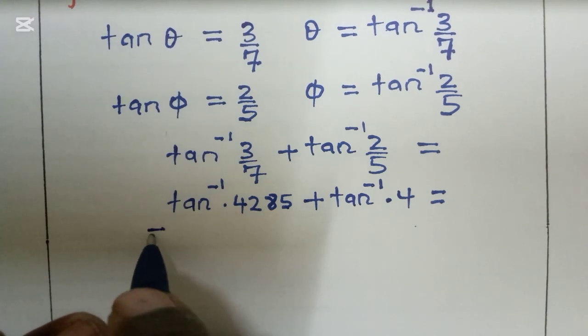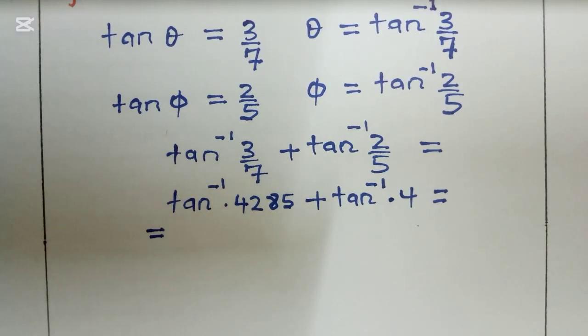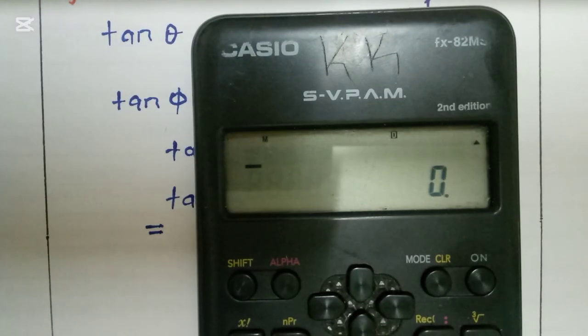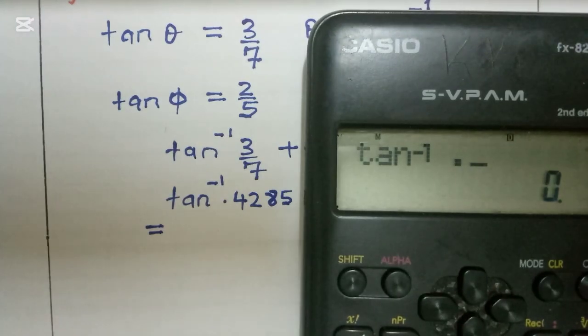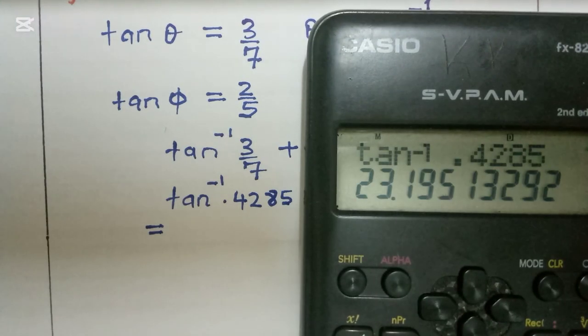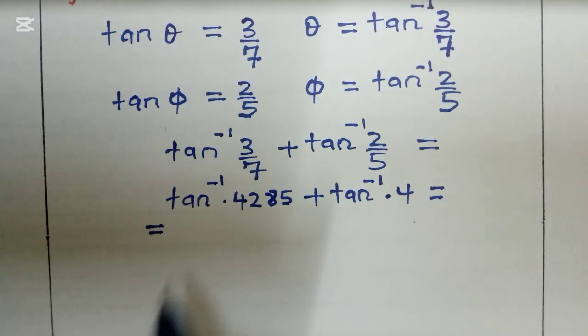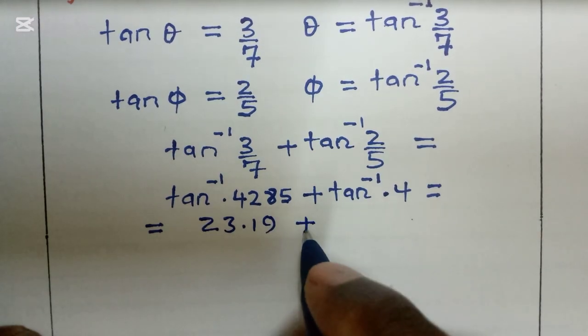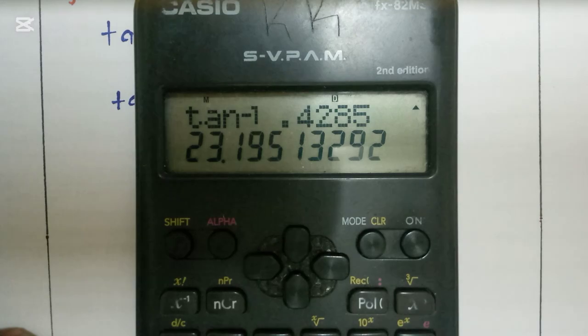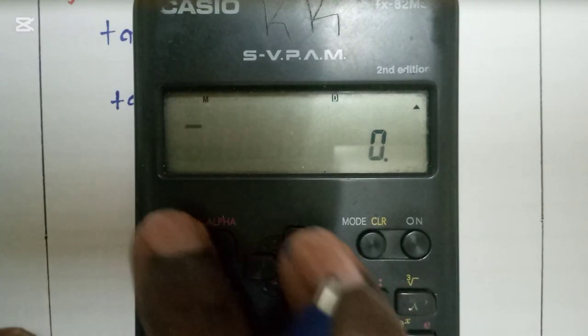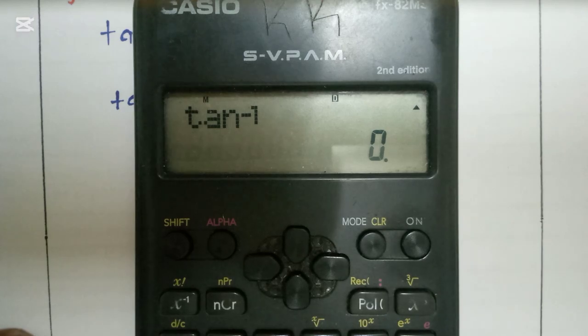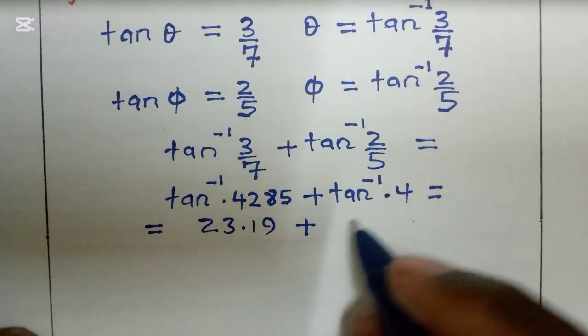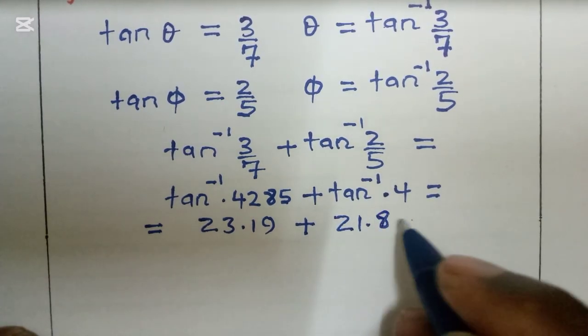So tan inverse of 0.4285: we go to shift tan 0.4285, which gives us 23.19 degrees. Then for the other angle, we say shift tan 0.4, which gives us 21.80.